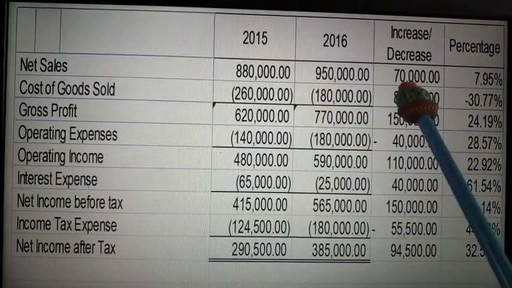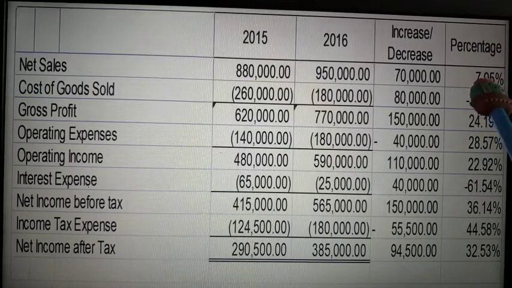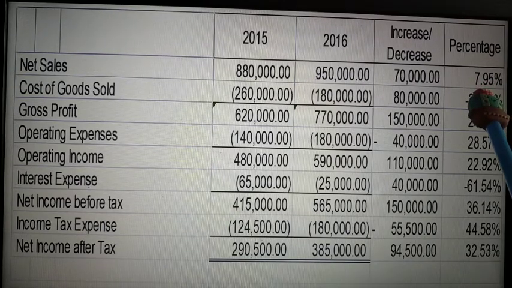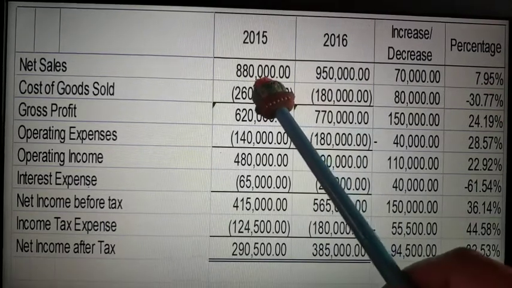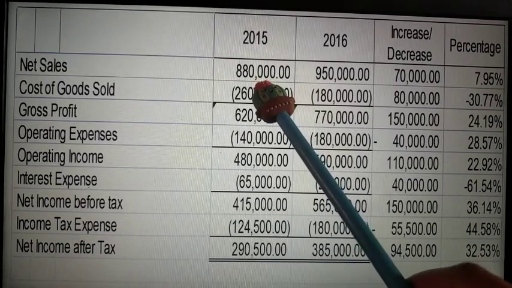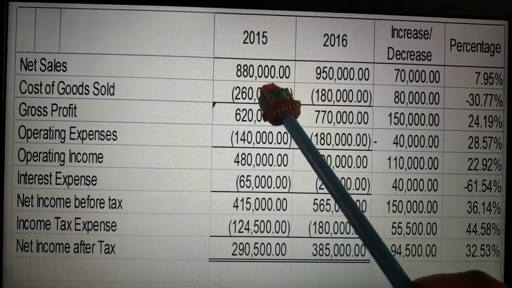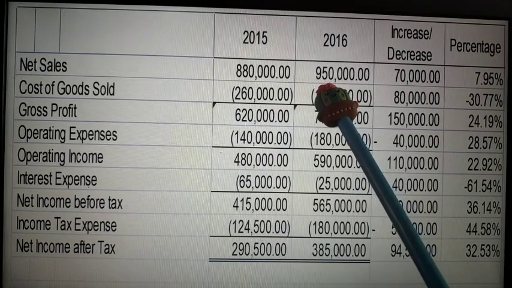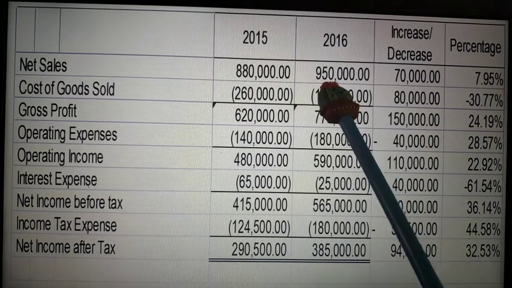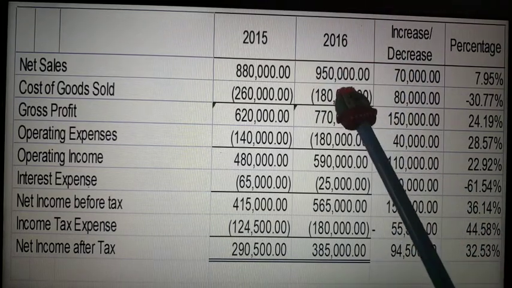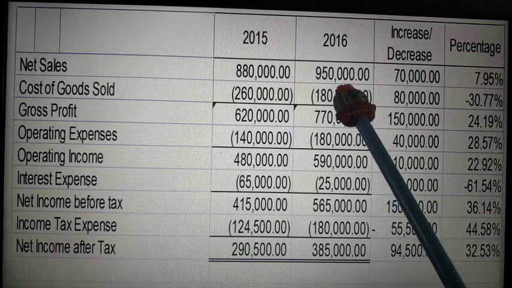It means it increases and 7.95%. So ang net sales niya for the 2015 is 880,000. Mao na dayon ni ang iyahang sales for the 2016. So gataas ang ilahang sales every year.